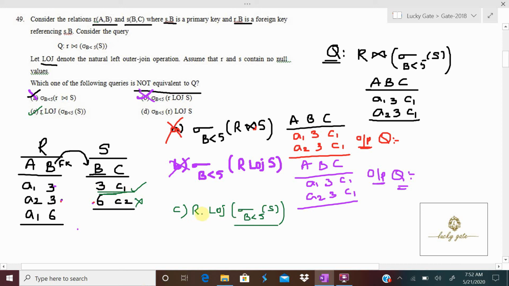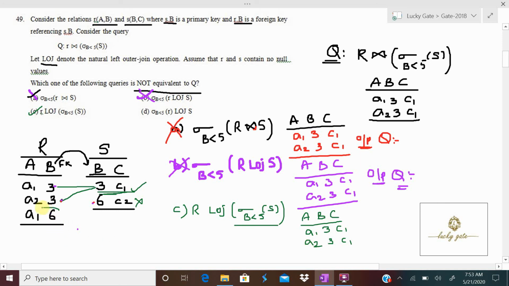Then it is performing R left outer join S. It is going to select all the matching rows first. So 3 equal to 3 is a matching row, 3 equal to 3 is a matching row. These matching rows are in the output. So the output of this query is A, B, C, that is A1 3 C1, A2 3 C1, and it also gives you the non-matching rows of the R table.